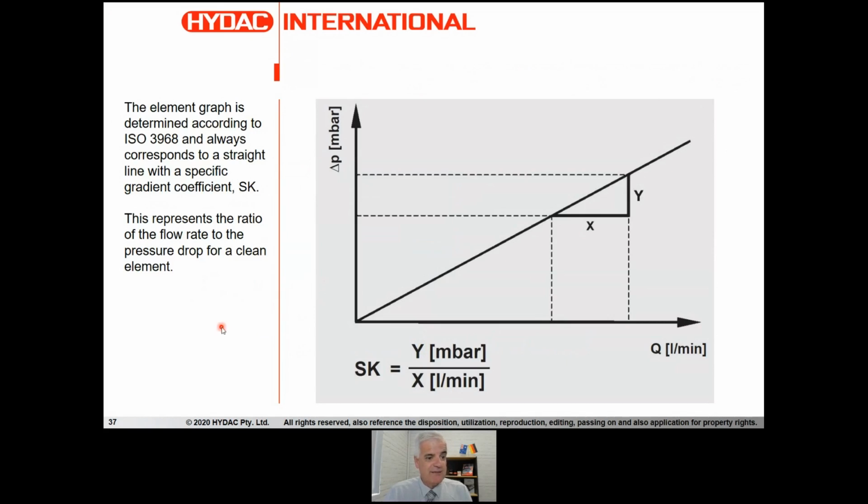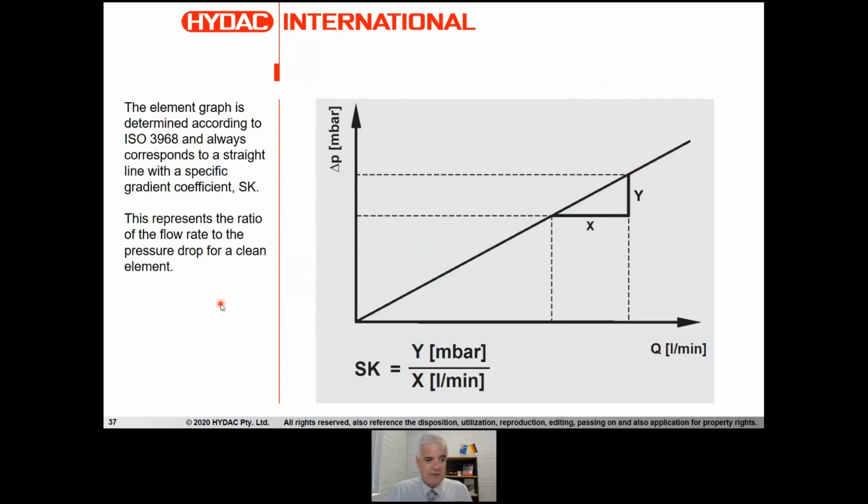Okay, so the element graph is determined according to ISO 3968 and always corresponds to a straight line with a specific gradient coefficient, and they name it SK in the global catalogue for HYDAC. The catalogue for the USA, it's applied a little bit differently. They don't call it an SK, but it is the same thing.